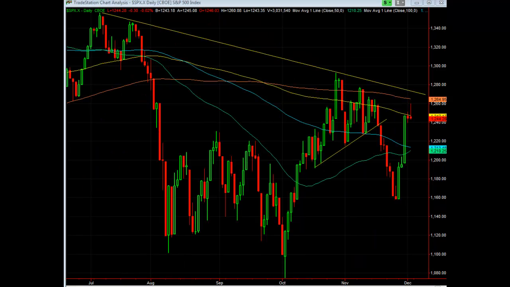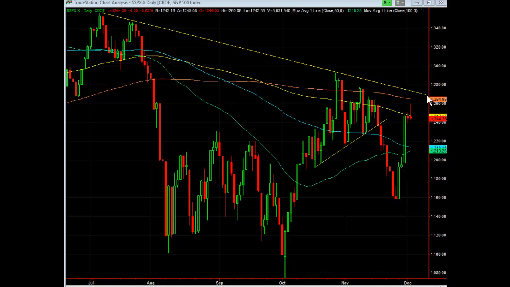Now here's the medium term trend as measured by the daily, and you can still see this descending trend line based on these daily highs. You see the highs are getting lower. We had a breakdown here, but on the daily, currently the trend is up. However, it's running into major resistance, where you can see this descending trend line.